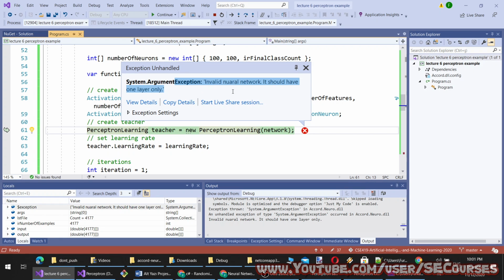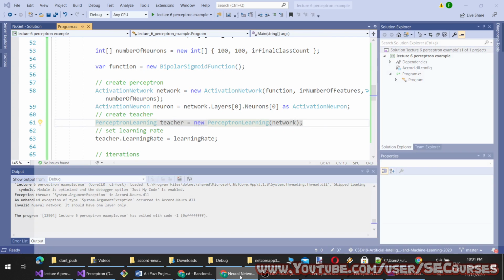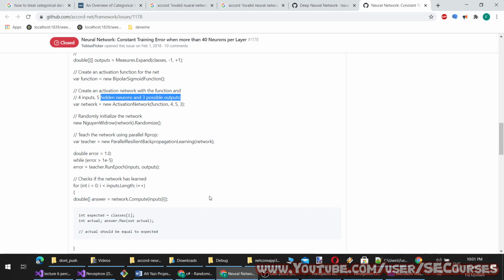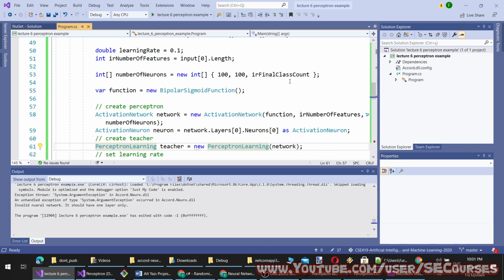It should have one layer only. Why? Why does it have to have one layer? 4 inputs, 5 hidden neurons, and 3 possible outputs. Okay, I am going to set number of features. Can I make it work like this?